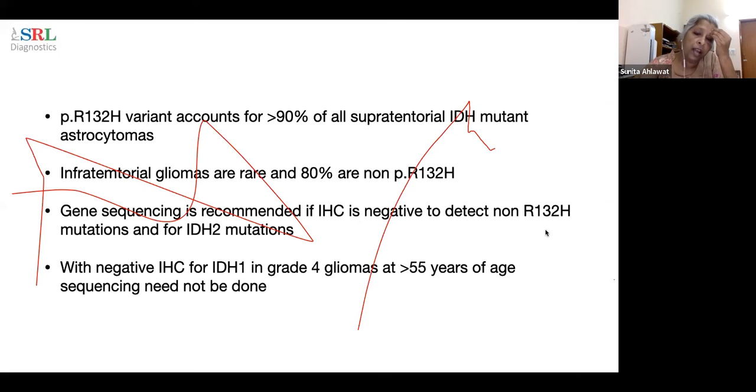We do not have an IHC for IDH2 mutation. With negative IHC for IDH1 in grade 4 gliomas above the age of 55 years, sequencing need not be done, because we know that the majority of grade 4 gliomas at this age and above are IDH wild type.